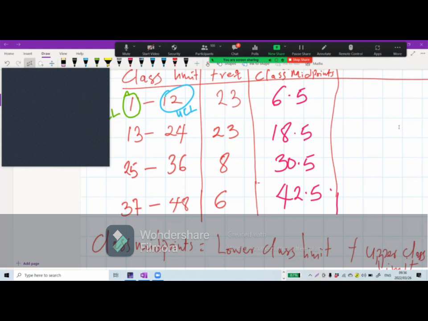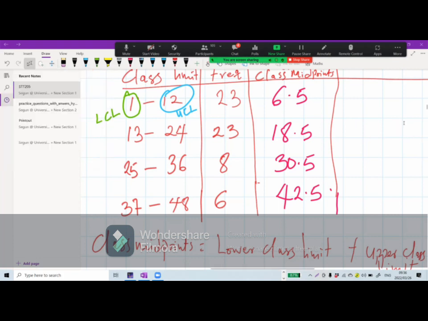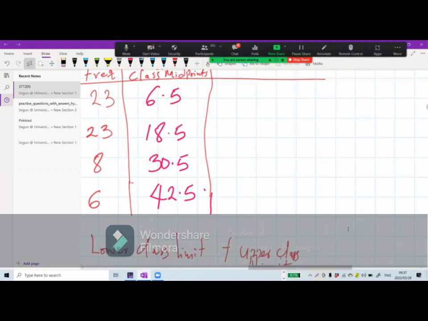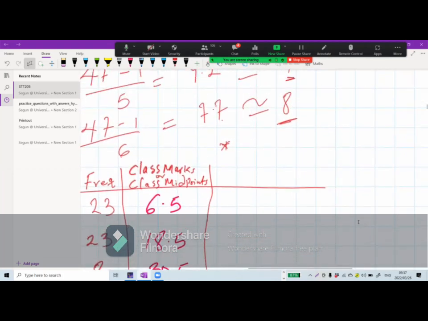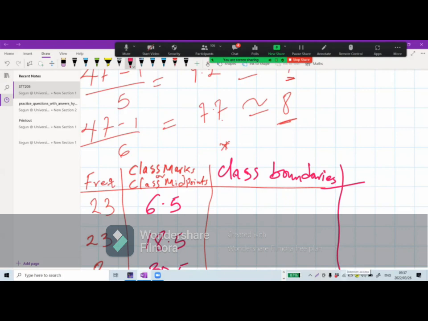Okay, let's continue. So we have this. The next thing you need to do is to calculate the class boundary. We have the midpoint now. I've explained to you the way you calculate the class boundary.